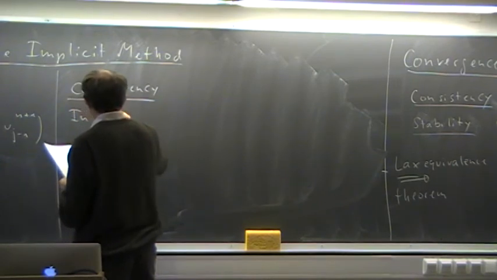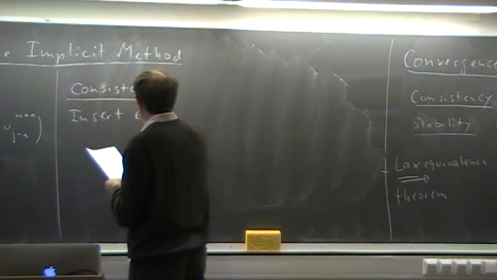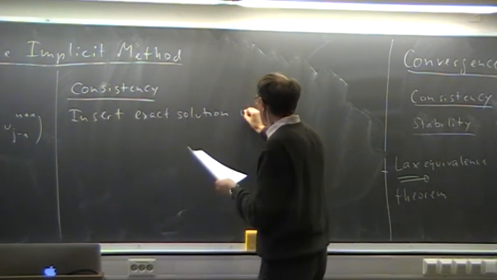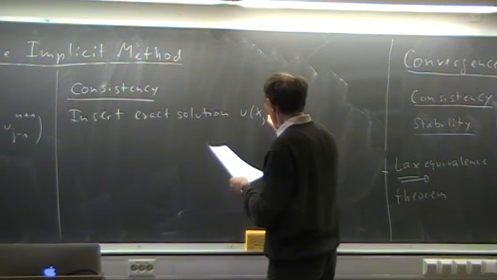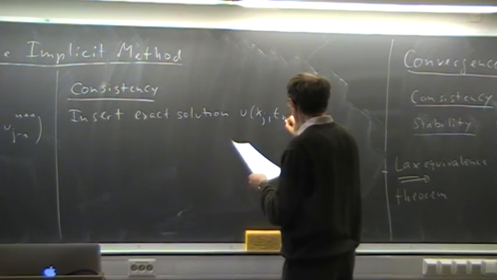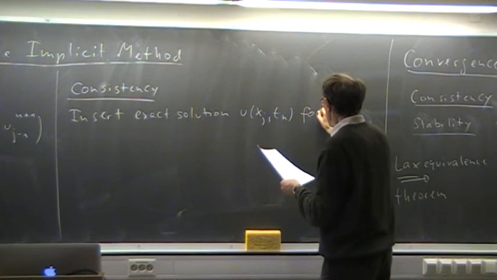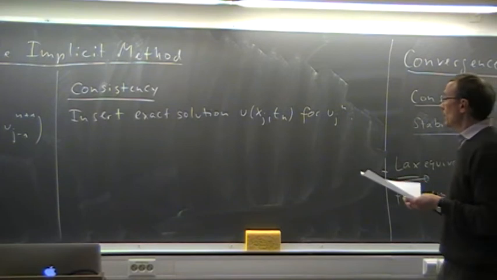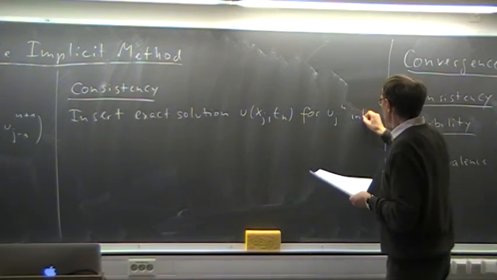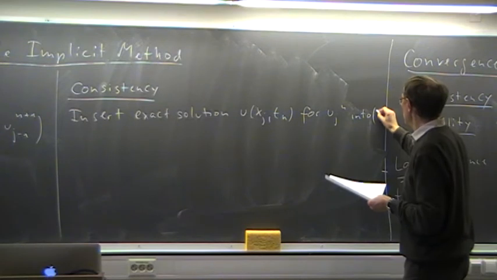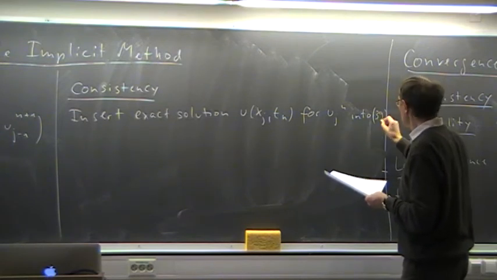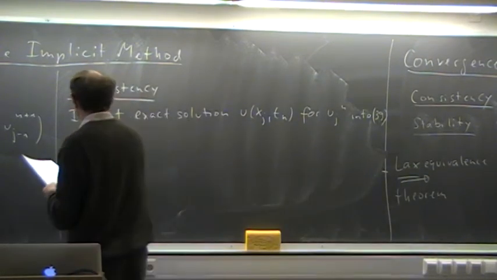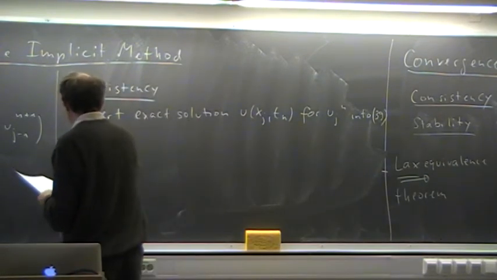The recipe is insert the exact solution of the PDE, that is u of x_j, t_n, for u_j^n into the finite difference method, which is 39, to get the truncation error. That is 40.